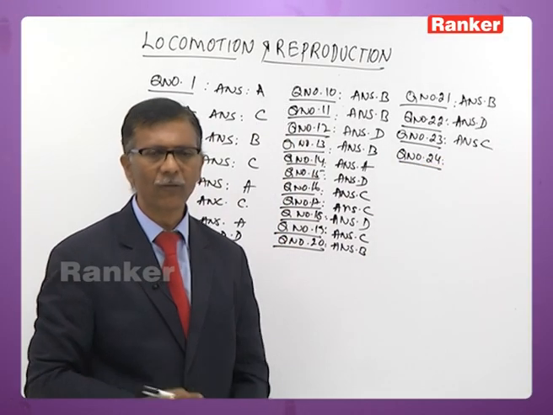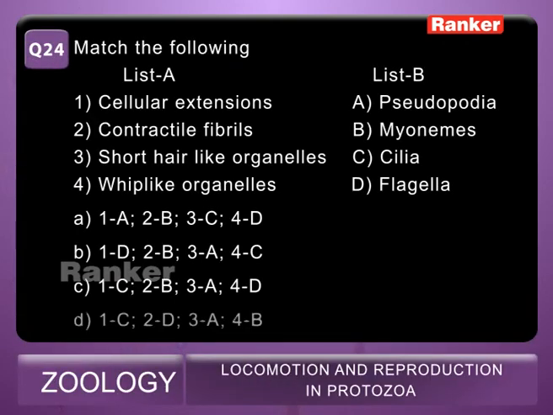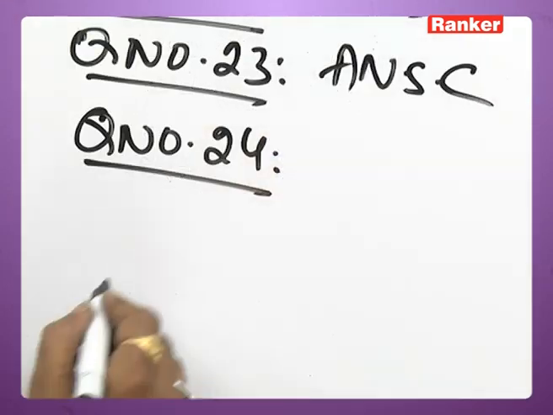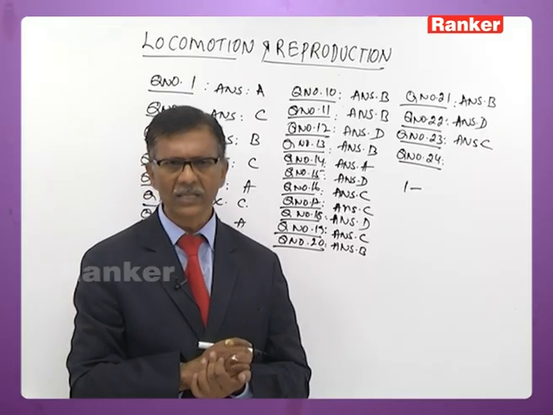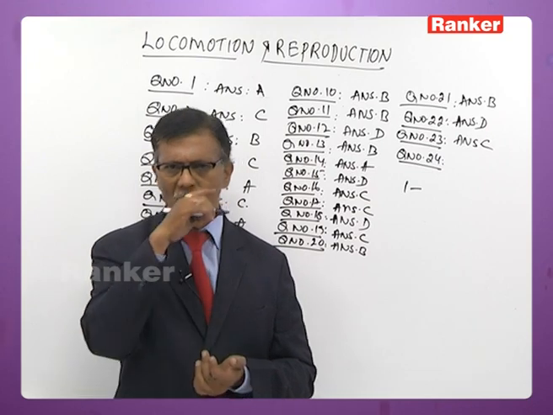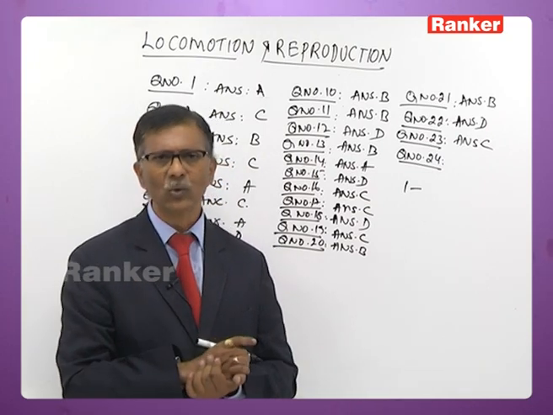Now question number 24, match the following. List A: cellular extensions, number 1; contractile fibrils, number 2; short hair-like organelles, number 3; whip-like organelles, number 4. Under list B, you have A, pseudopodia, B, myonemes, C, cilia, D, flagella. Now we will try to find out the answers. Cellular extensions are pseudopodia.